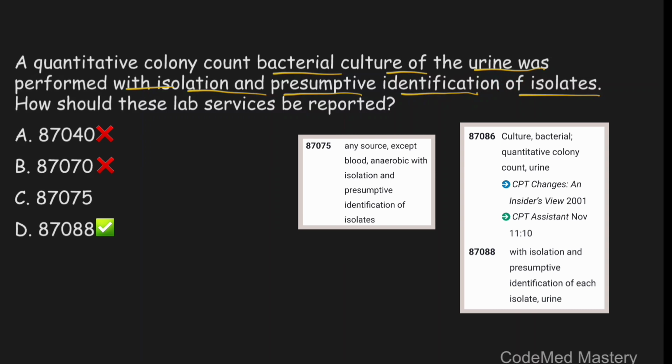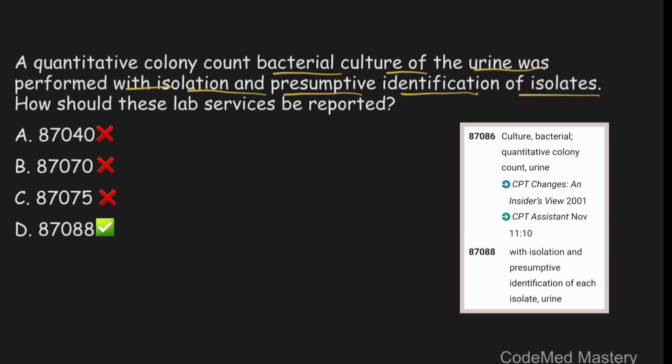And option C, 87075, that is for culture bacterial any source except blood anaerobic with isolation and presumptive identification of isolates. That is for anaerobic. Okay, in the question they have not mentioned anaerobic, so we cannot use 87075. The right answer is option D.